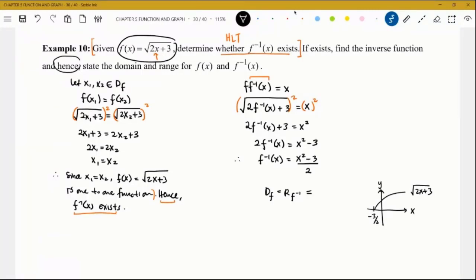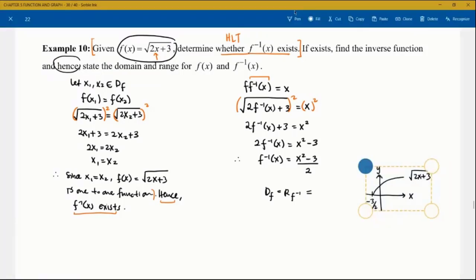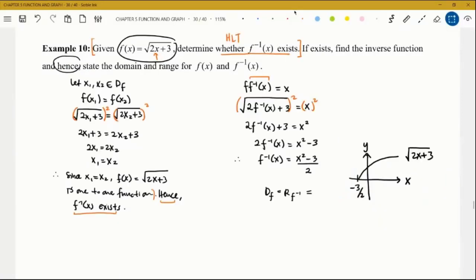So daripada graf ni, domain kita apa? What is our domain? Domain daripada ini sehingga positive infinity. So it's going to be negative 3 over 2 to positive infinity. We have square bracket, we have open bracket. Okay, sebab di sini adalah dense circle.